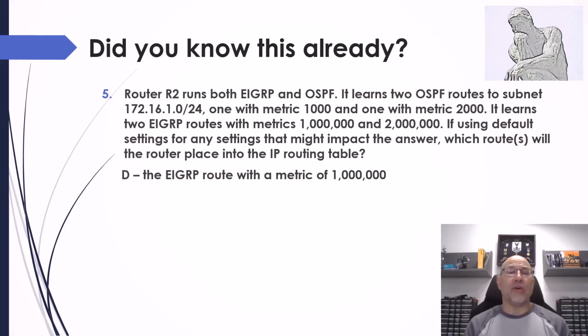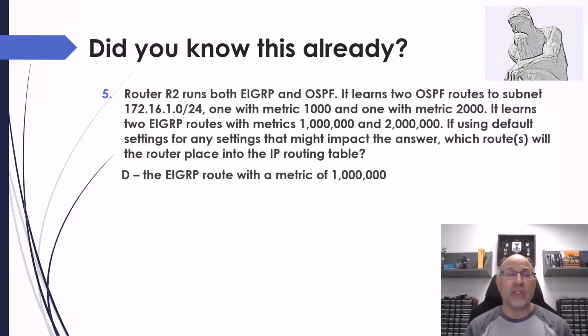Question number 5. Router 2 runs both EIGRP and OSPF. So it's doing EIGRP out one way and OSPF out the other. It learns 2 OSPF routes to subnet 172.16.1.0/24, one with a metric of 1,000 and one with a metric of 2,000. It learns 2 EIGRP routes with metrics of 1,000,000 and 2,000,000, huge metrics.